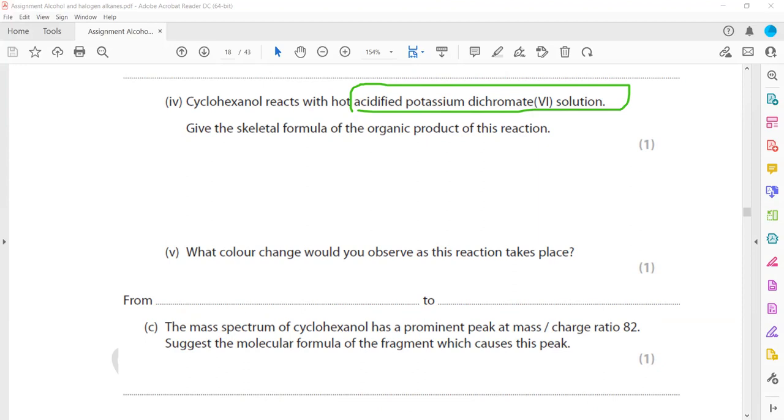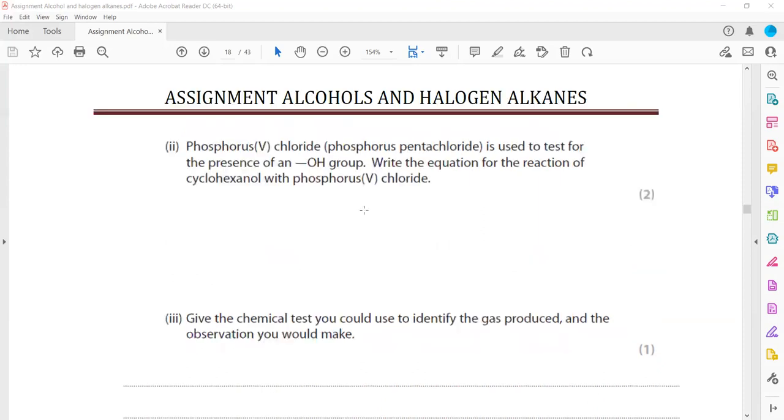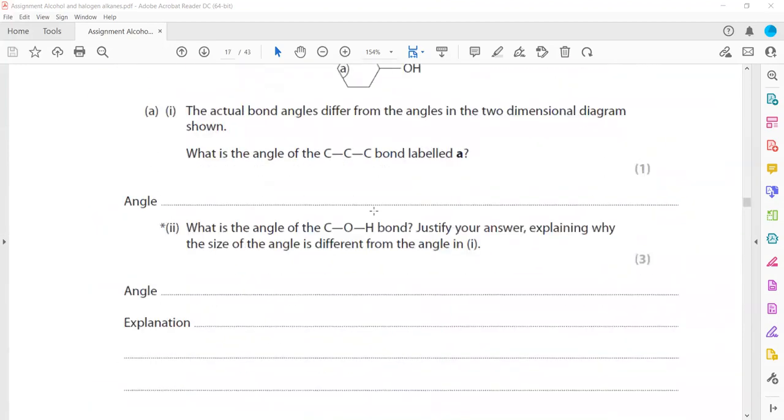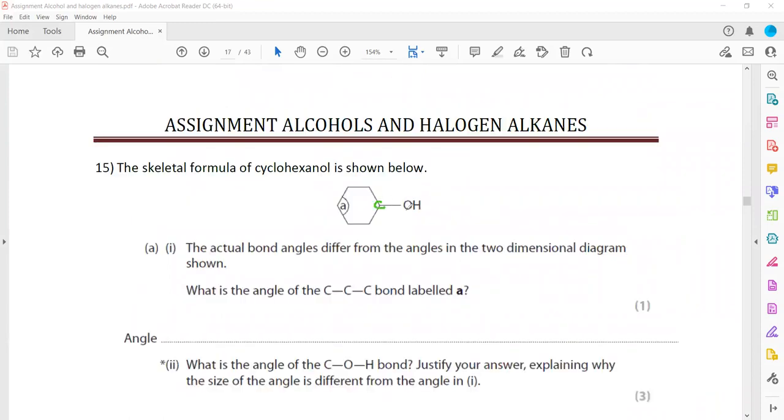And if it is tertiary, it cannot be oxidized. In cyclohexanol, the carbon attached to OH has two carbon chains, so it is a secondary alcohol. A secondary alcohol is oxidized to a ketone, so the same ring structure will be there.